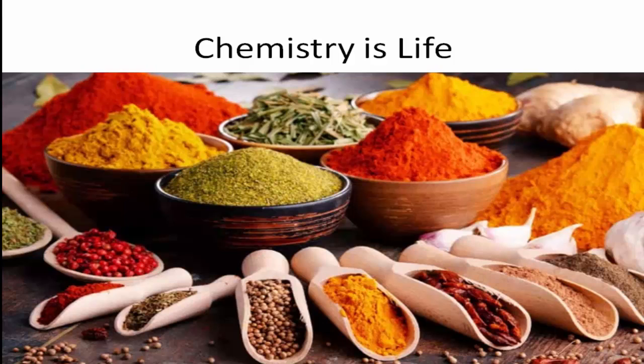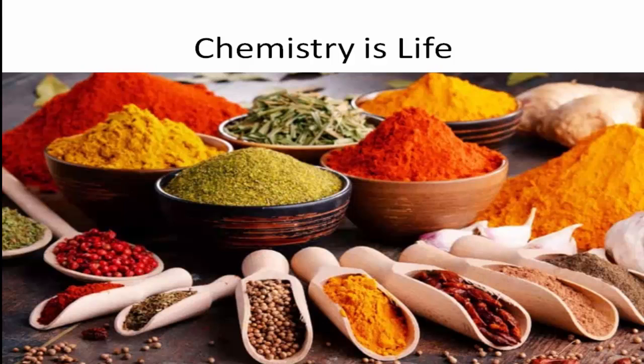The foods or spices we bring from the market contain chemicals as well. They have salt, they may have dyes, meaning coloring compounds, or spices like masalas may have citric acid, or any other additives added to increase their shelf life, and all these are chemicals.